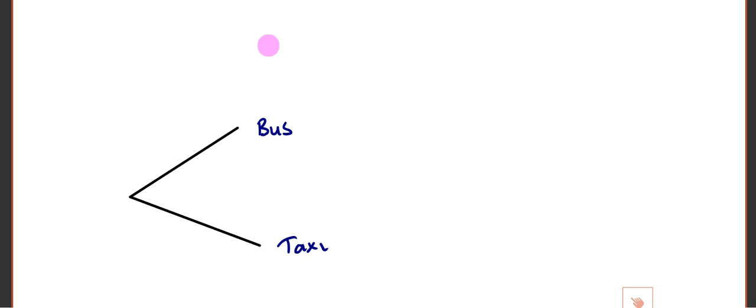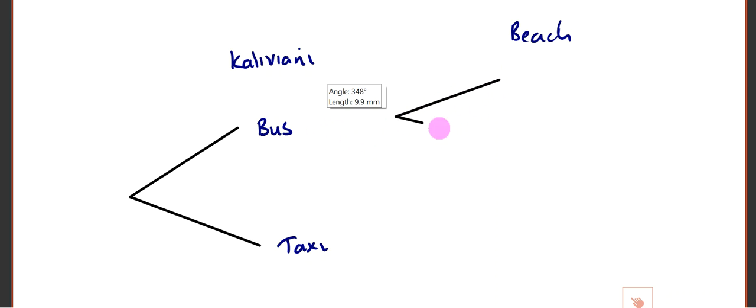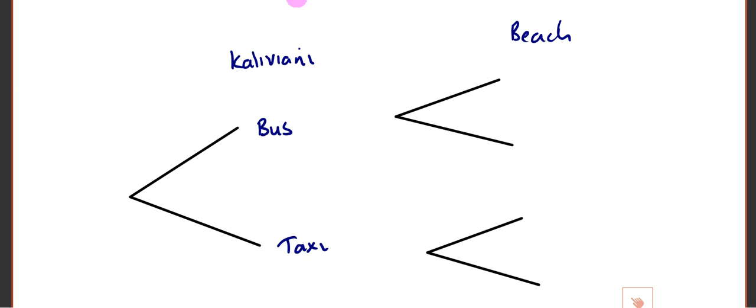That's Calabriani. So we're there now. The next thing is we need to get to the beach. And the options for the beach are cycle or walk. Cycle or walk can happen if we take the bus, but it could equally be taxi, then cycle or walk, right?